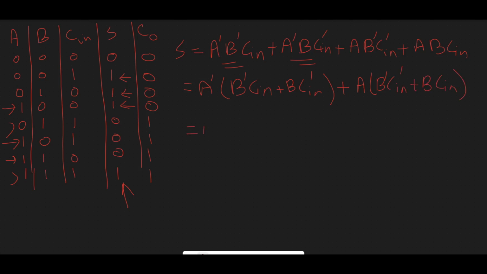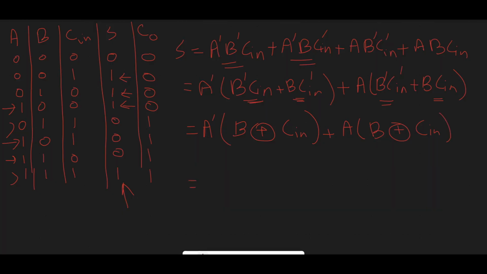So the first will be equal to B prime Cn plus B Cn prime. This is one XOR the other one, so B XOR Cn, plus A. Similarly here we have B prime Cn prime plus B Cn. This will be one XOR the other one, so B XOR Cn.